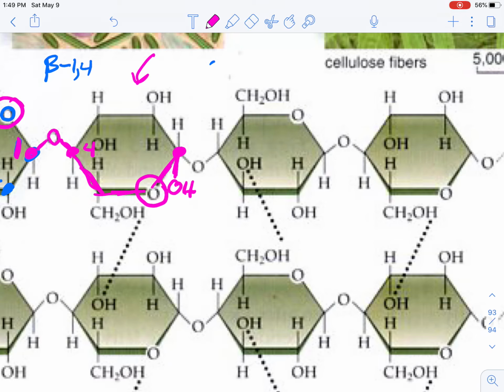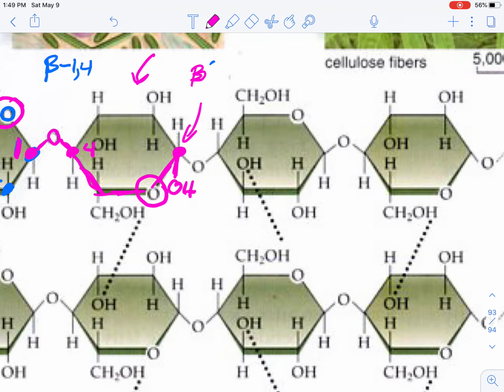However, all we did was we flipped a beta, right? And so since we flipped a beta, this is still technically beta because it was originally on the top. All we did was we took the molecule and we flipped it upside down, right? So it's still the same molecule. It's still a beta glucose.